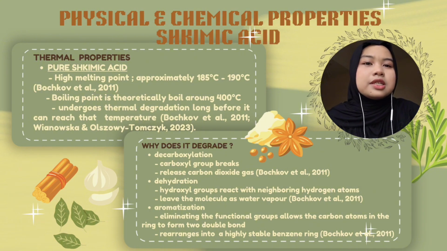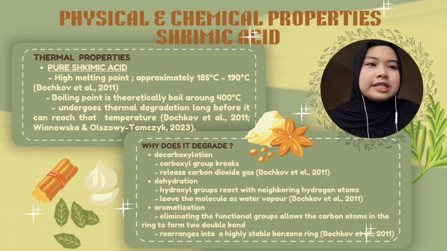First, we have decarboxylation, where the carboxyl group breaks away, releasing carbon dioxide gas. The second one is dehydration, where the hydroxyl groups react with neighboring hydrogen atoms and leave the molecule as water vapor.